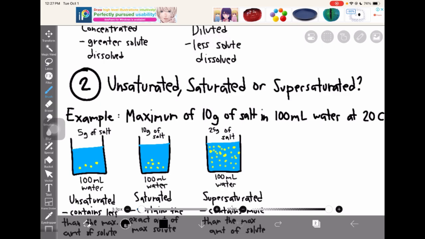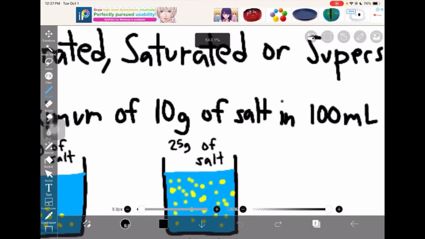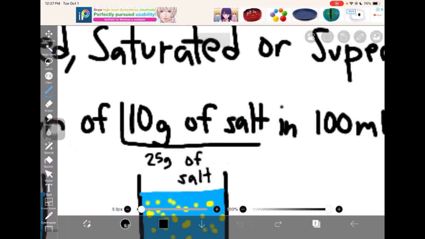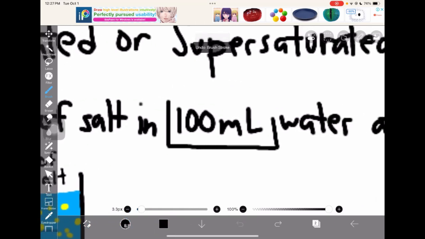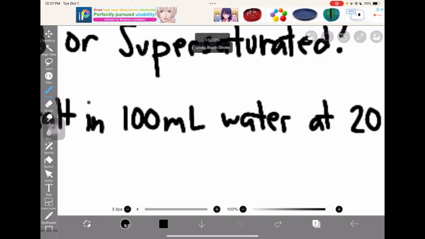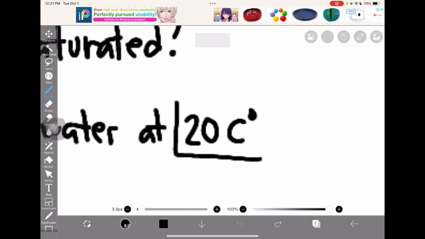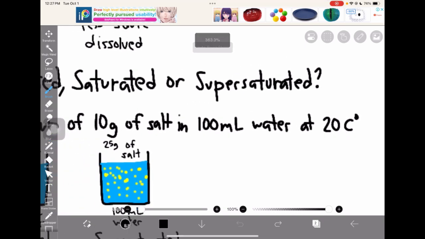Now, we're measuring numbers here, so we have to look at the given. You're obviously given the amount of solute, which is 10 grams of salt, the amount of solvent, so that's 100 milliliters of water, as well as the temperature here. So you want to analyze these three numbers and check for three things.